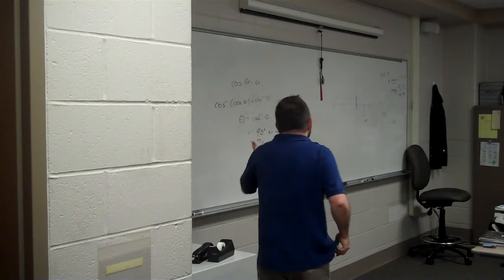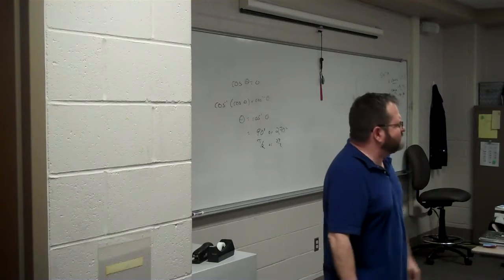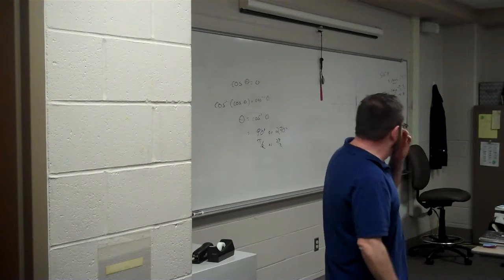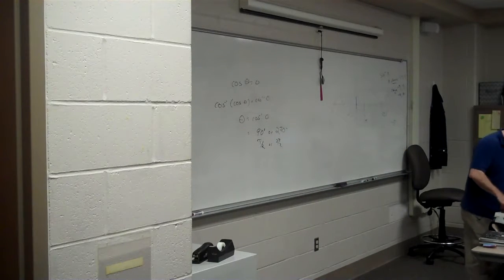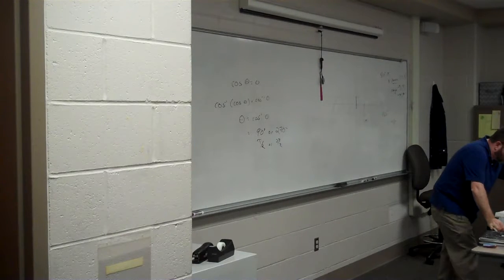So everything about inverse cosine works just like it works with inverse sine, except we have a different domain over which we can do it. Inverse sine goes from negative pi over 2 to pi over 2, and inverse cosine, or arc cosine, goes from 0 to pi, and I hate that.